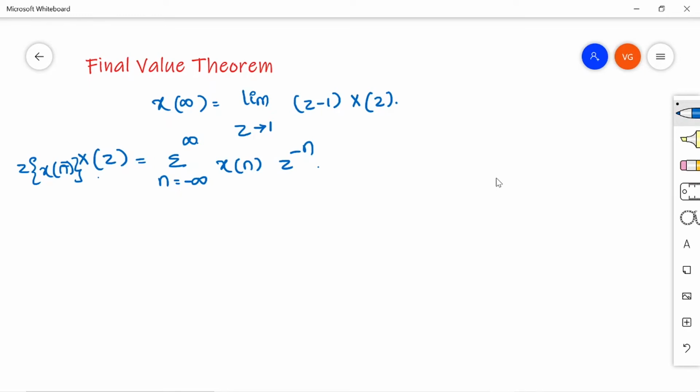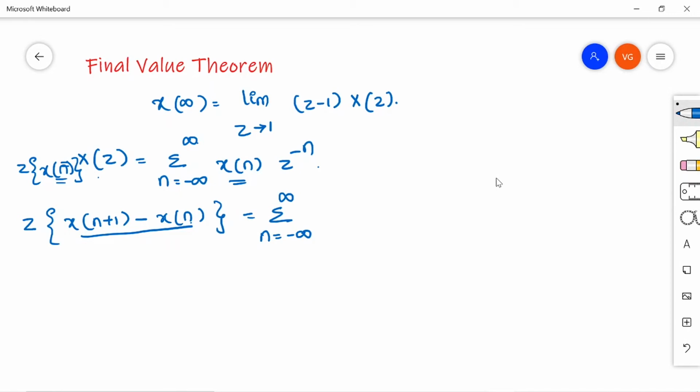Now suppose we want to find the z transform of x of n plus 1 minus x of n. That is, in place of x of n, I have this much, which I am going to write here: sigma n running from minus infinity to infinity x of n plus 1 minus x of n z power minus n.